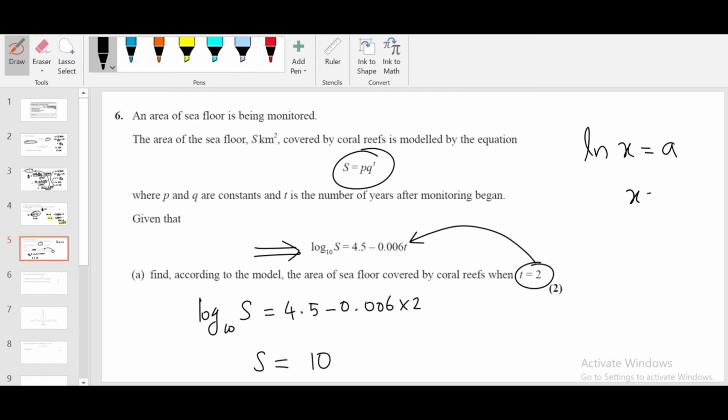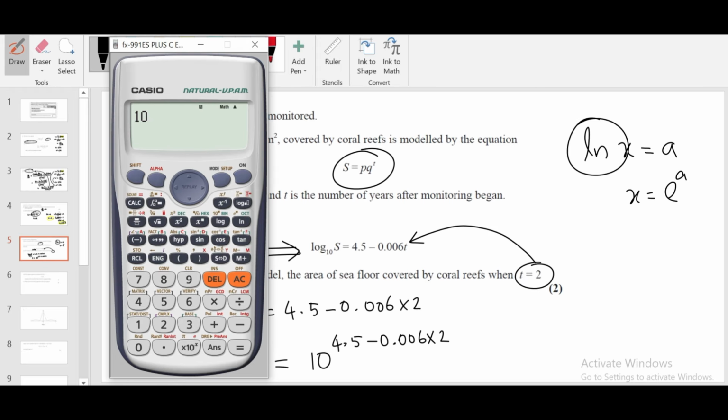So x will be e power a because the base of this logarithm is e. But here the base is 10. So this becomes 10 power this. 10 to the power 4.5 minus 0.006 times 2.